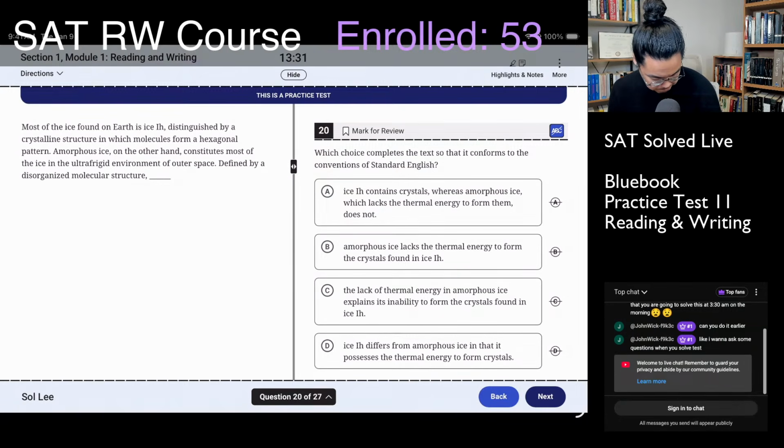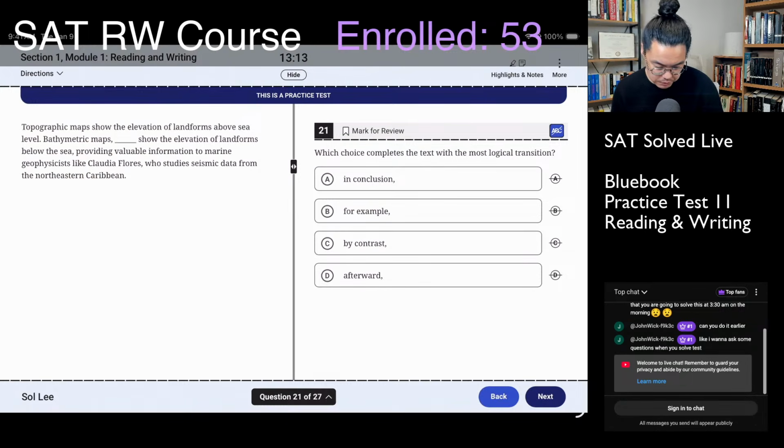ISIH, amorphous ice, ultra frigid outer space. Okay. Amorphous ice, yes. That one's fun because you actually kind of need to read the passage for that one. 21.